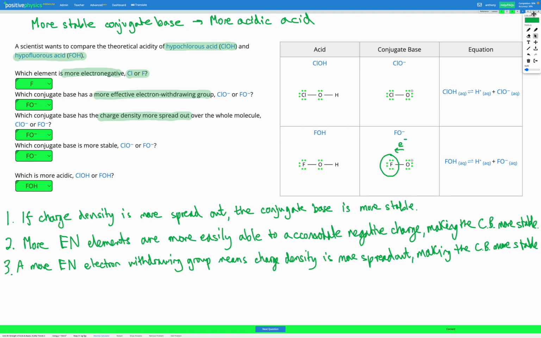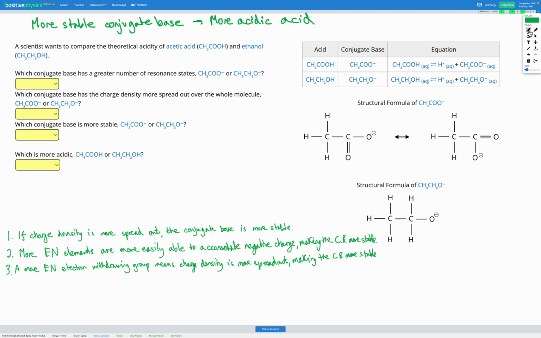Let's do one more question. In this question, a scientist is comparing the theoretical acidity of acetic acid, CH3COOH, and ethanol, CH3CH2OH. We're asked, which conjugate base has a greater number of resonance states? So let's have a look over here. We have each of our acids converting into their conjugate bases, and here we've been given the structural formulas of our conjugate bases.